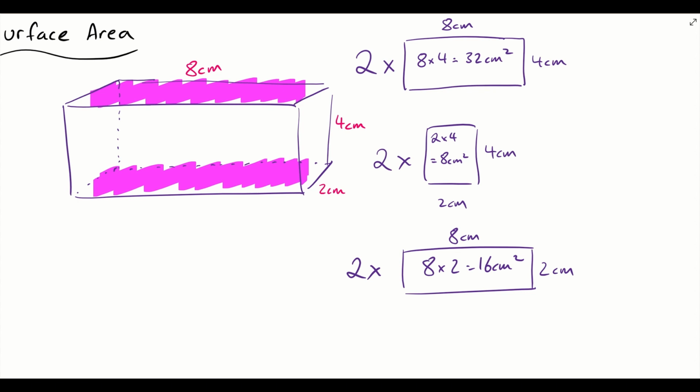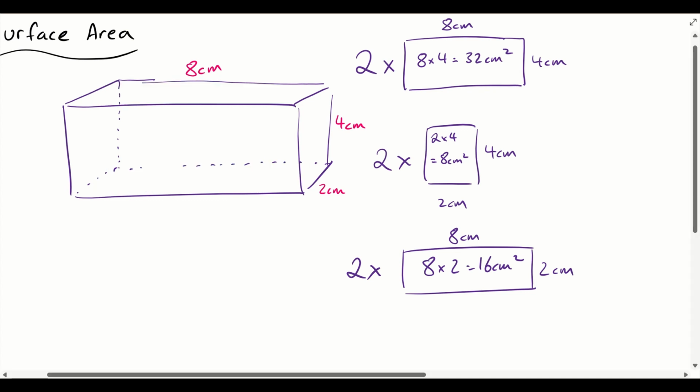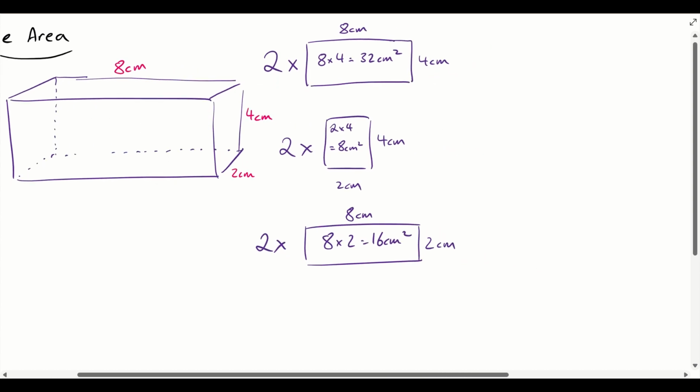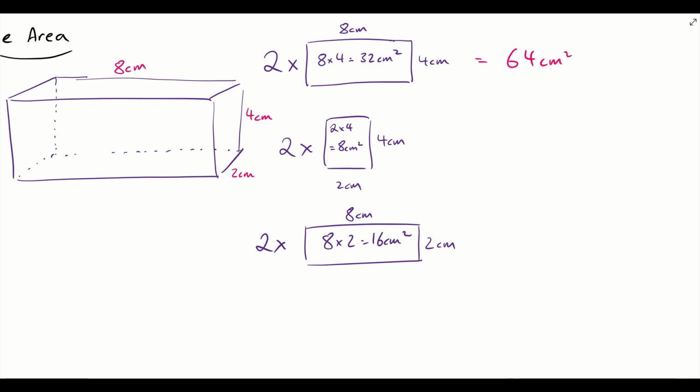So let's add up the total surface area. Well, let's do the front and the back. Okay, so the front and the back was done first up here at the top. So we're going to have a total of 64 square centimeters there because we've got 2 lots of 32. These sides, we have a total of 16 centimeters squared because it's 2 lots of 8.